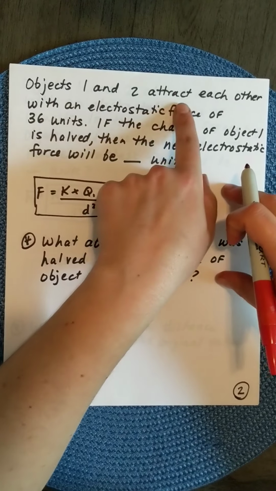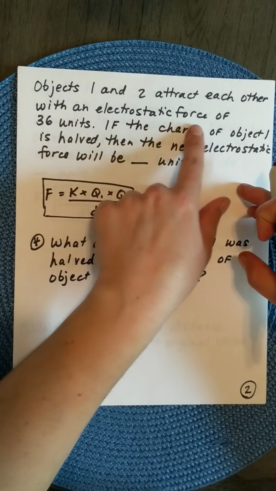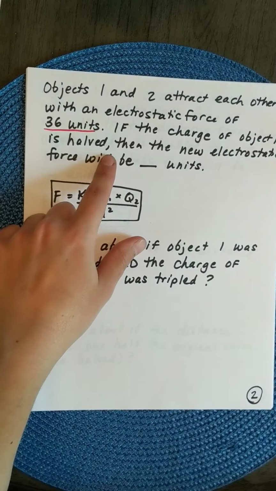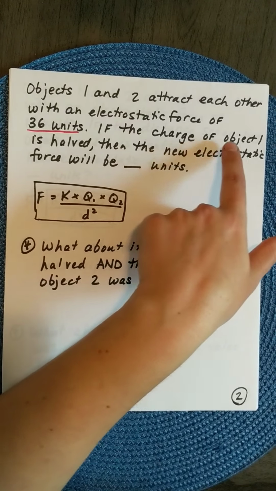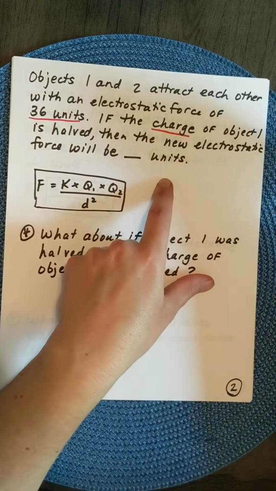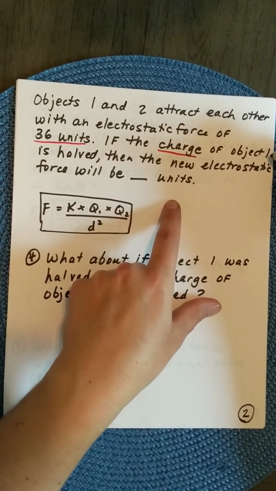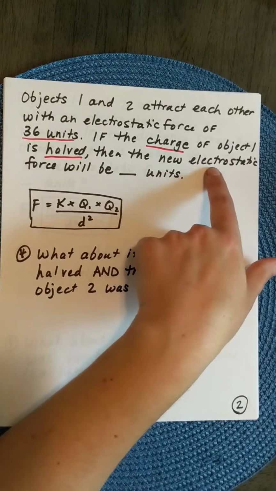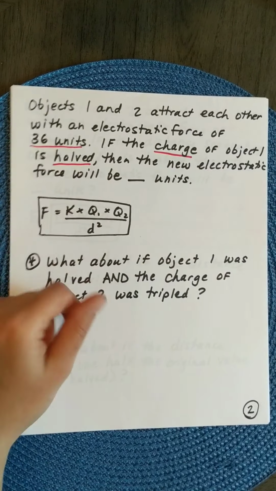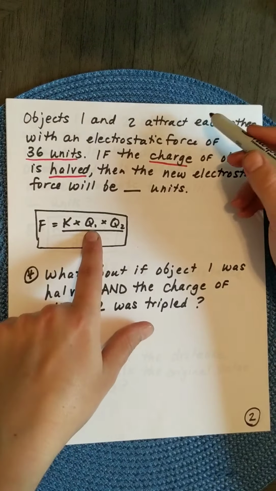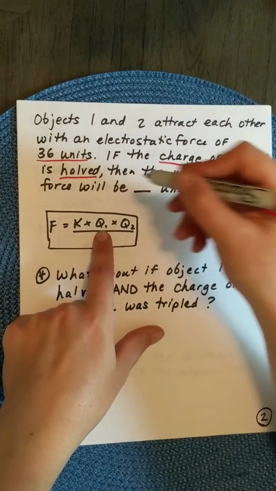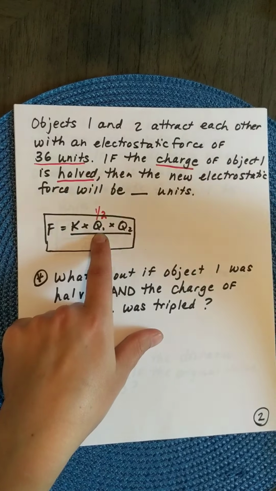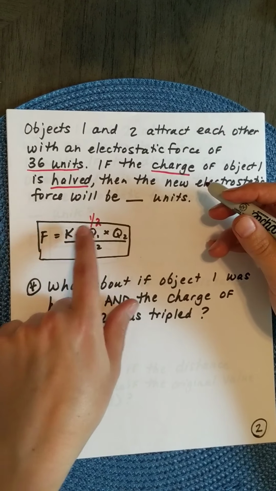This one is just a little bit different. So it says objects 1 and 2 attract each other with an electrostatic force of 36 units. So that's the starting value for the force. If the charge of object 1 is halved, it's reduced, then what will the new electrostatic force be? So if Q1, instead of being multiplied by 2, was multiplied by a half, what that would do to the force is multiply it by a half.